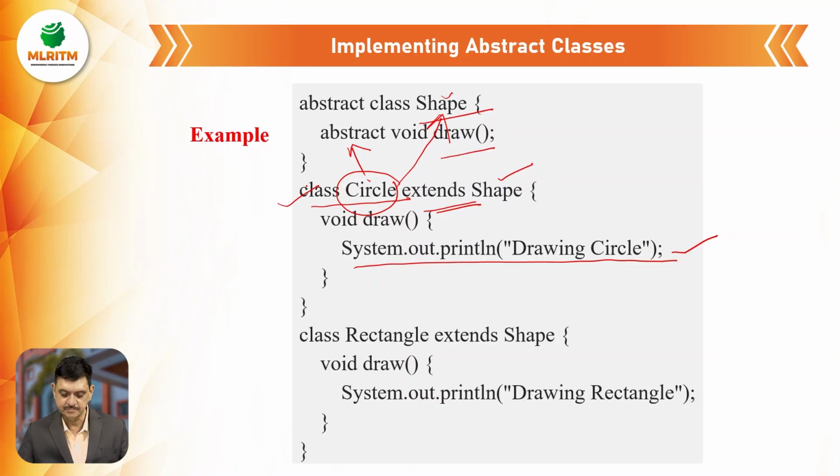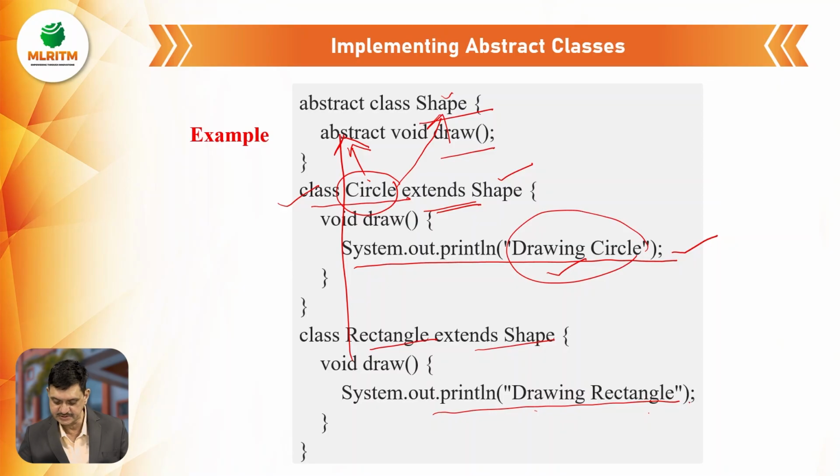Similarly, we can create one more child called Rectangle, extending from the same Shape, including the same abstract method, but now providing its own implementation as drawing rectangle. The previous one included drawing circle. That means both these children, created from the abstract class Shape, deviate in their own implementations.